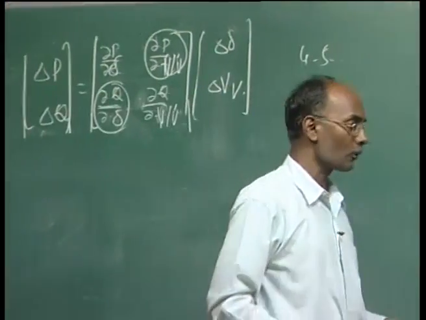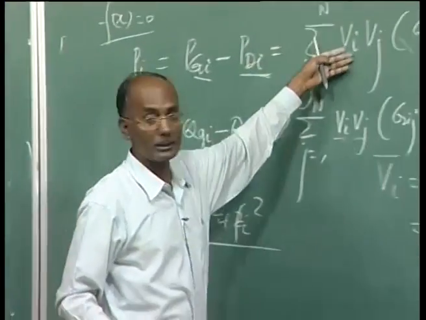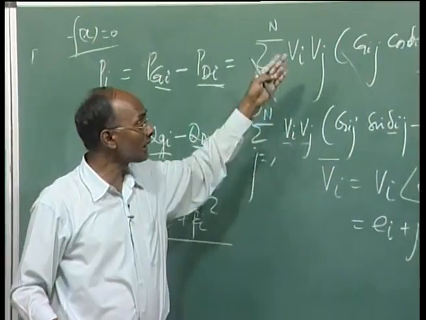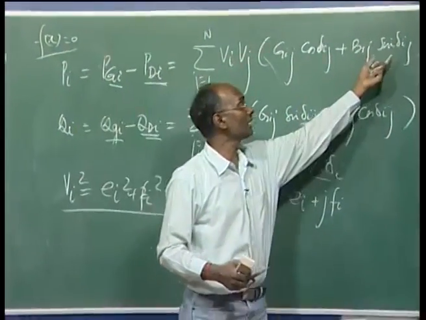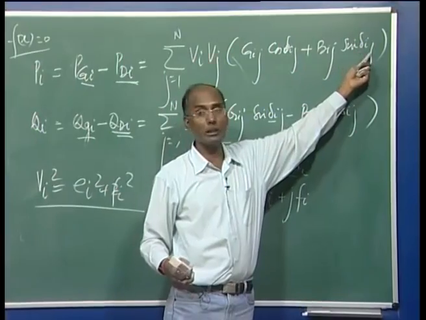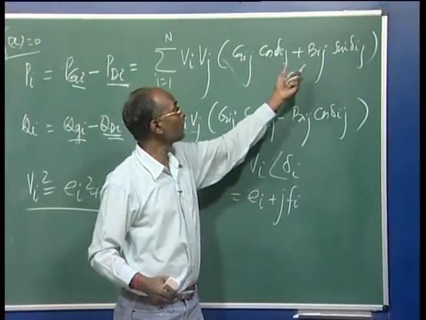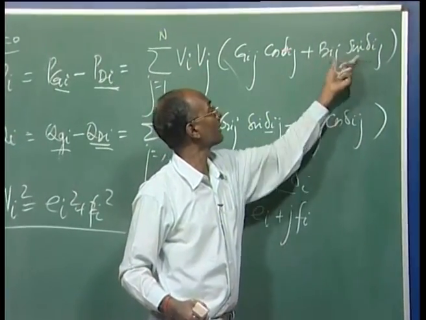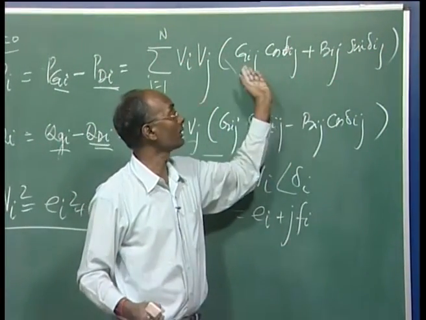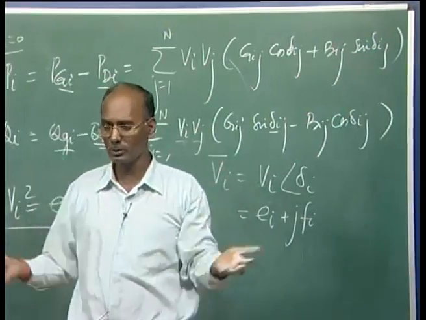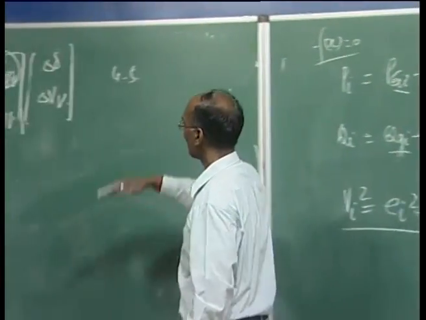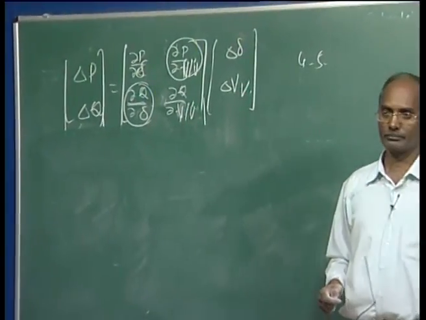Then fast decoupled load flow came, we used this equation and we made certain assumptions that the sine delta here is equal to delta ij if it is in radian, the cosine delta is treated as 1, and the multiplication of this here with the delta here is very, very larger than this. So, we can do some approximation, and then based on that FDLF method came.